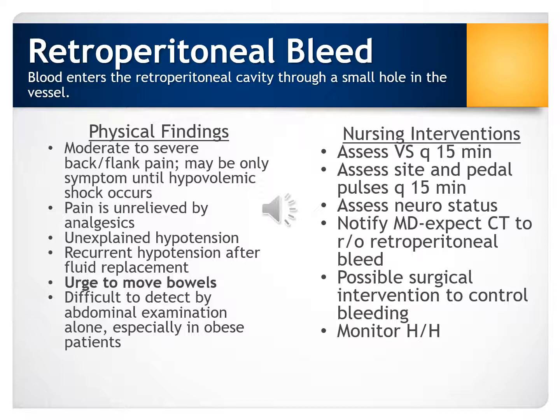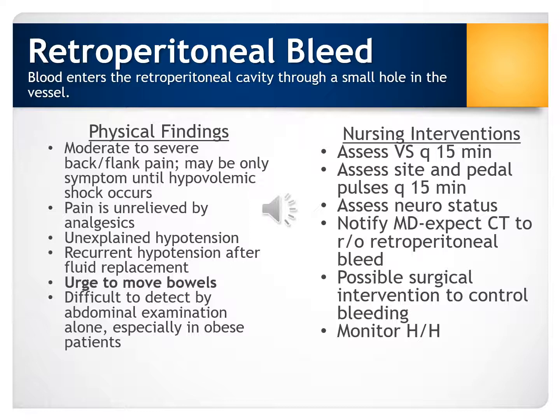At some point, they should begin to have symptoms of hypovolemia and hypovolemic shock. When they complain of pain, the pain is typically not relieved by analgesics, and you will all of a sudden begin to see unexplained hypotension. They will continue to have hypotension or have recurrent hypotension even after they have received fluid boluses.